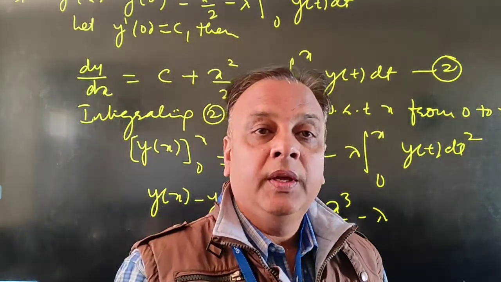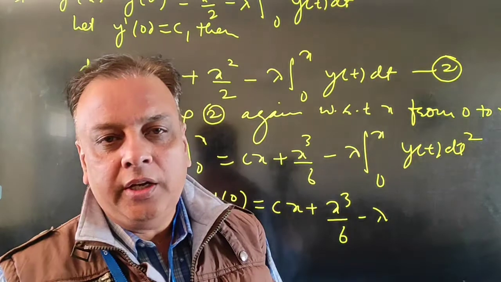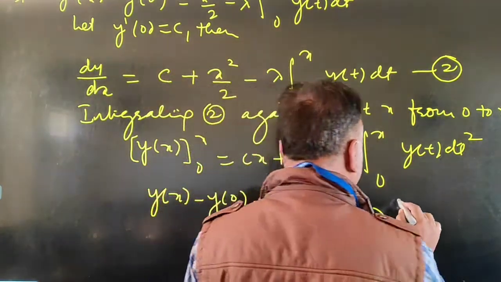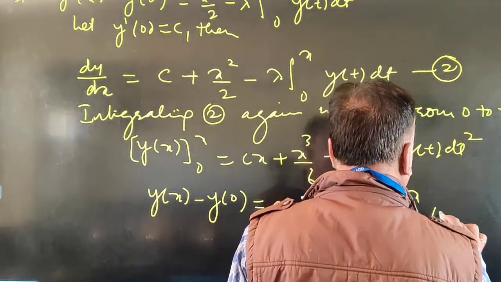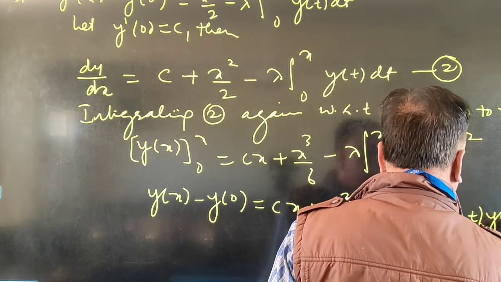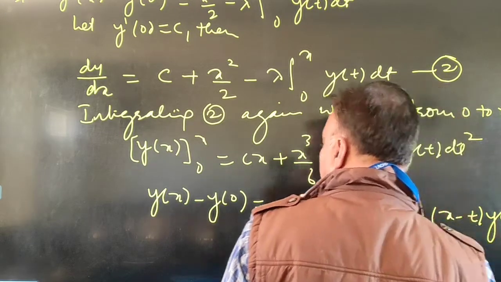Now we use the formula for converting a multiple integral into a single integral. Then we get this as integral 0 to x of (x minus t) y(t) dt.